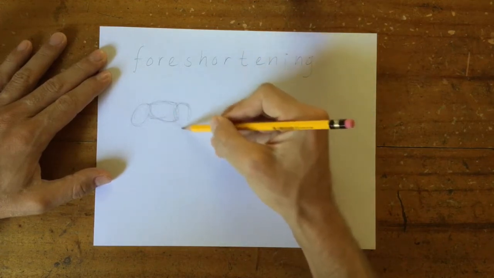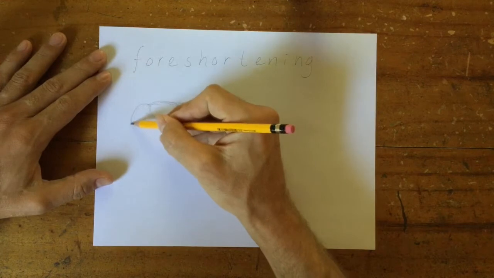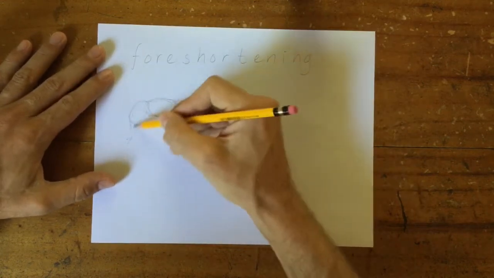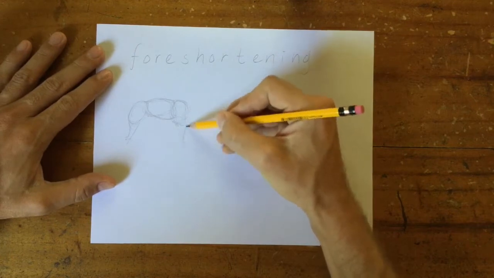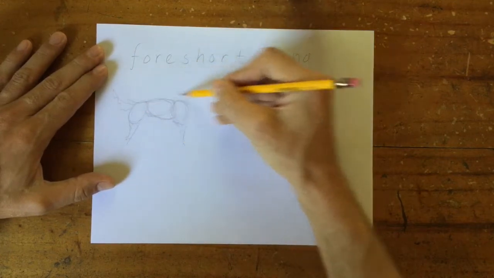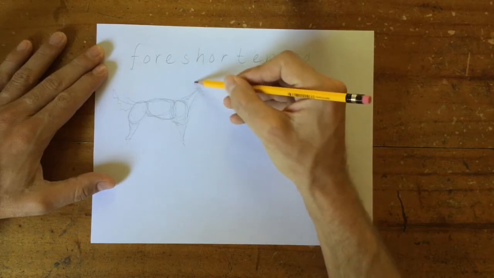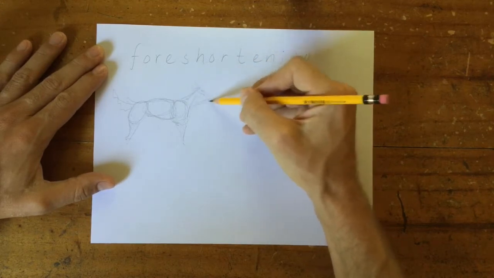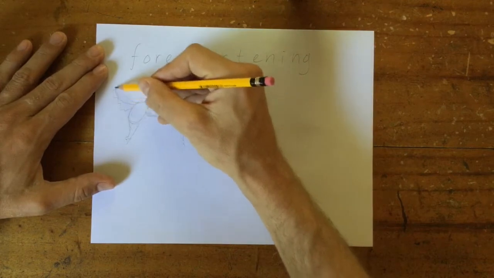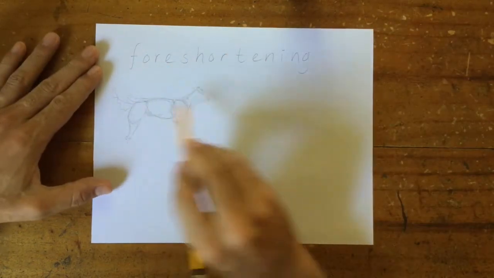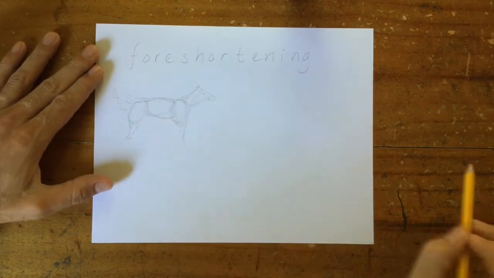That's a little bit scrappy, but yeah, the general idea. The back leg there, and the front leg there, and the tail, and the head of the animal, like this. Sort of looks a bit wolfy, doesn't it? It's wolfy enough. The idea is we're seeing directly from the side these three shapes.